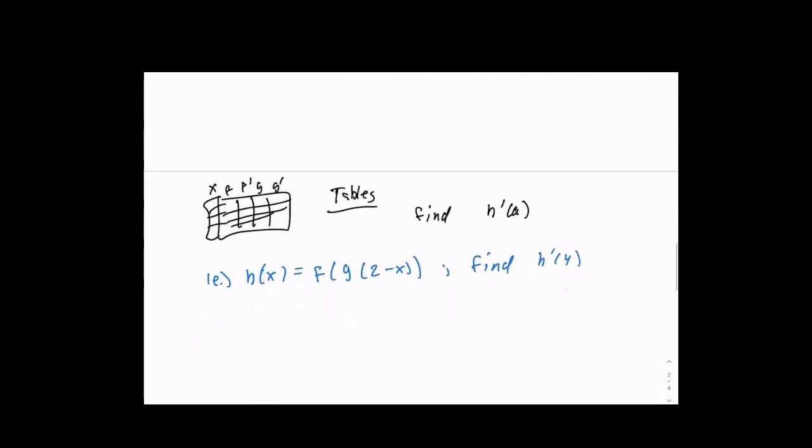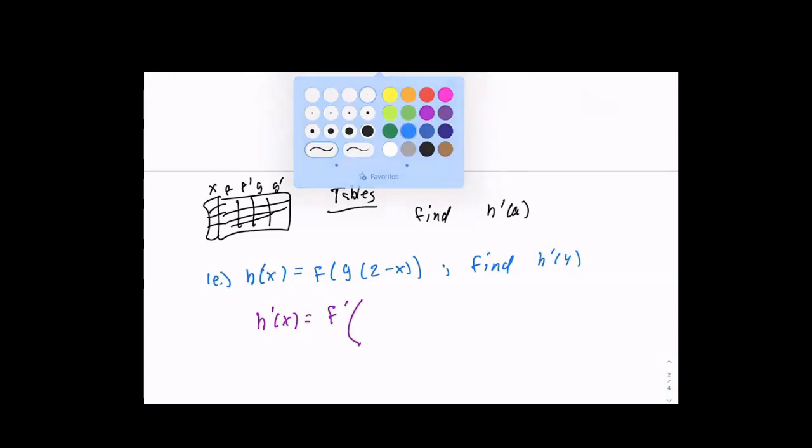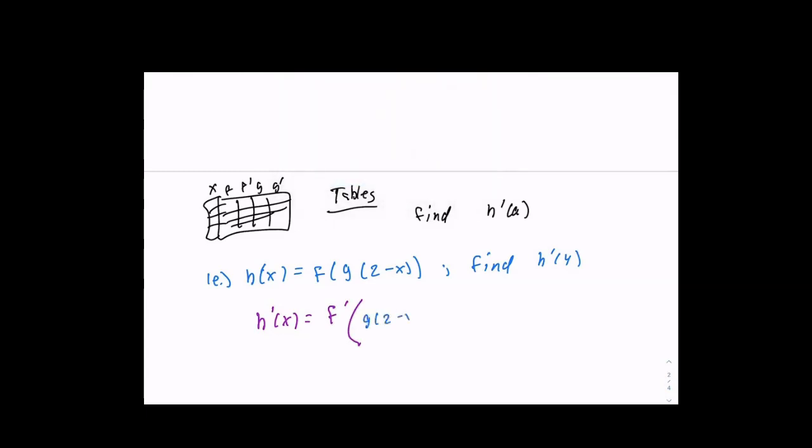We get a problem like that. Following the steps, this is a multiple chain rule. H prime of x, in this problem, I want to just show you at least an example of what the steps would look like. F prime of, everything stays inside, g of 2 minus x.